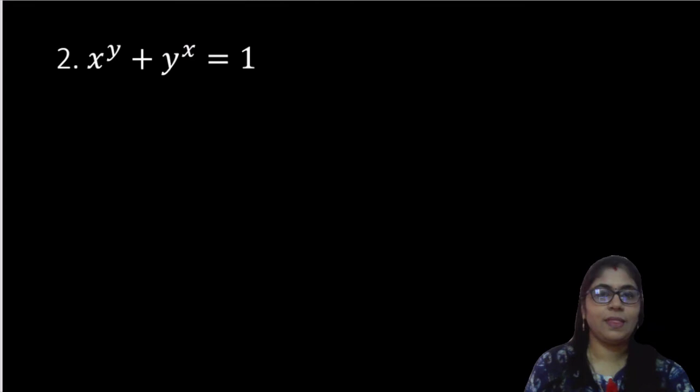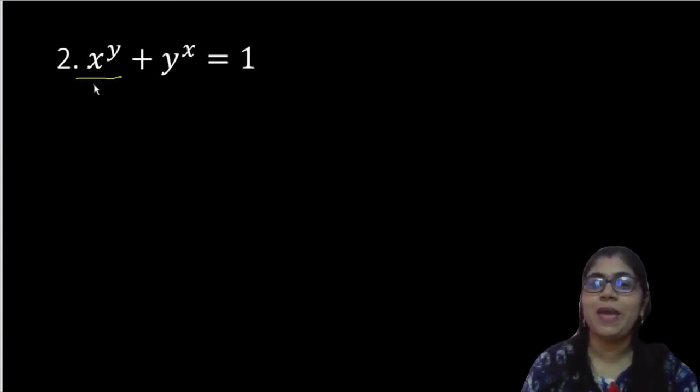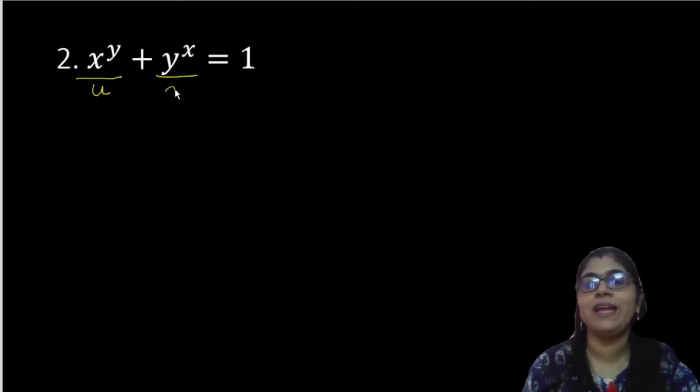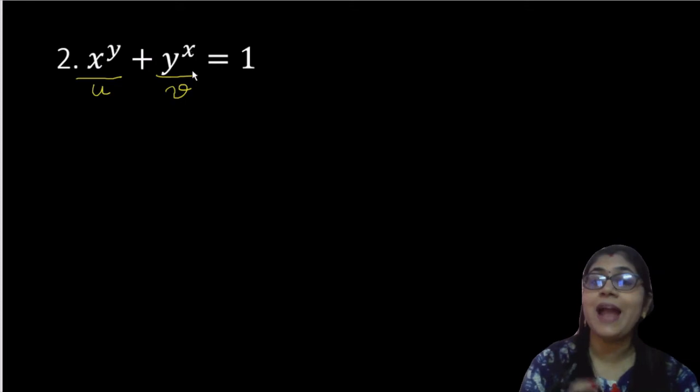Now let's come to question number 2. Here it is given x to the power y plus y to the power x equals to 1. So let's assume x to the power y equals to u and y to the power x equals to v, so that it will be easy to differentiate.